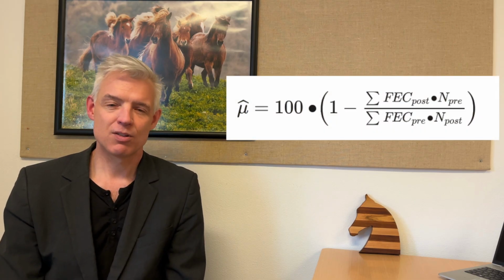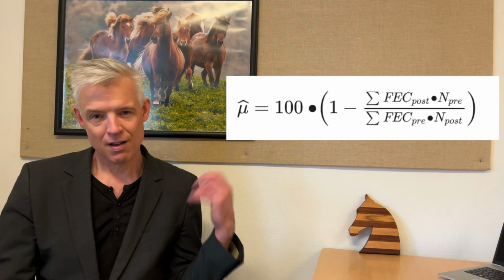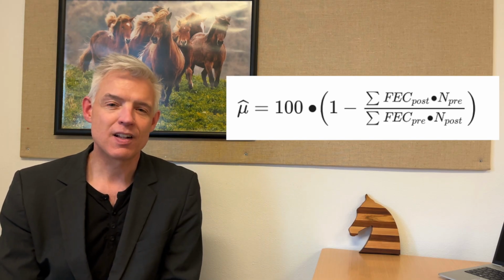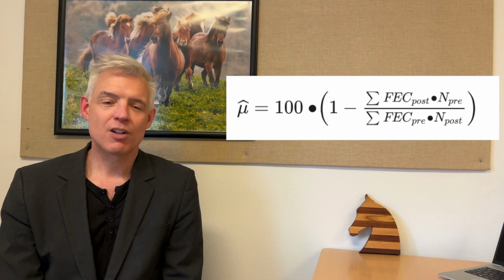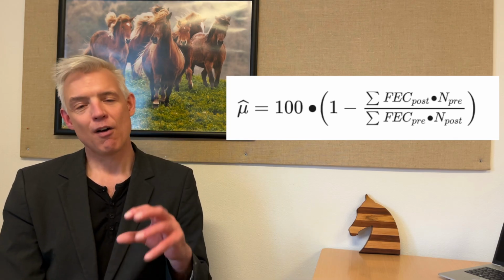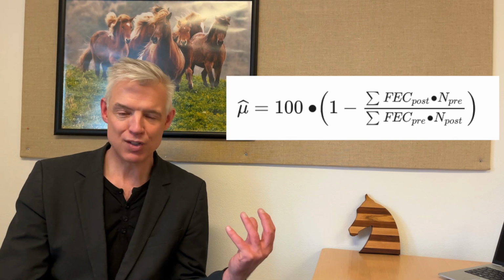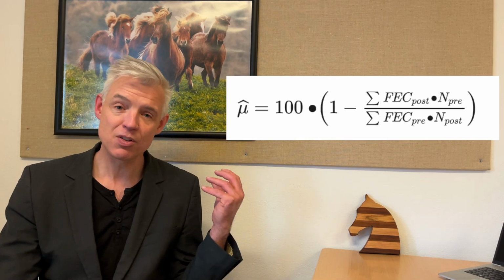So let's talk about statistical power for a little bit. If we look at the formula for determining the fecal egg count reduction, we are calculating the percent of the post-treatment counts relative to the pre-treatment counts across a group of animals.